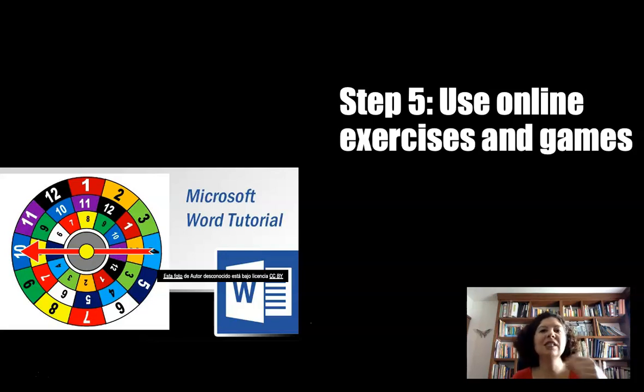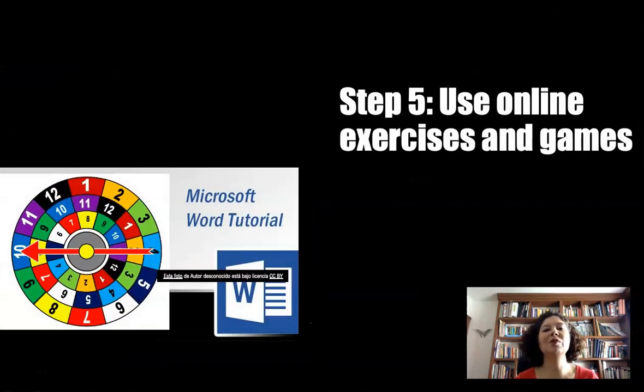It's not just writing down in the notebook 20 sentences with present perfect, no more. They will go online, they will Google or use the website that you give to them, and they will be happy clicking, finding the answer, and then clicking on the button submit and finding out their own score. They can send you a screenshot of their score to use this new tool in a fun way.